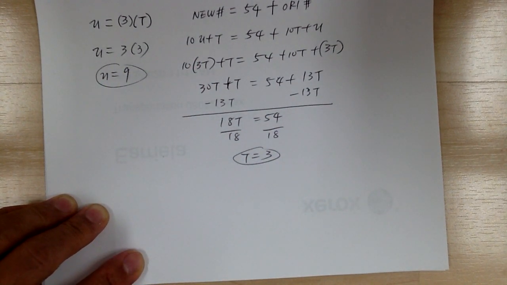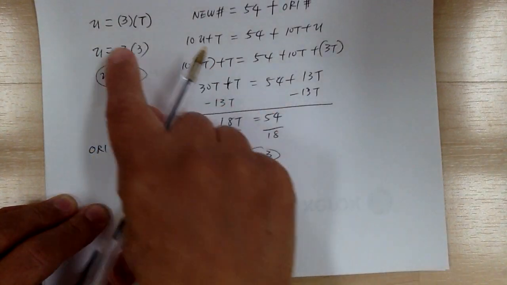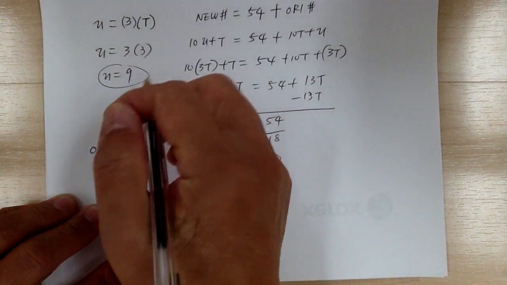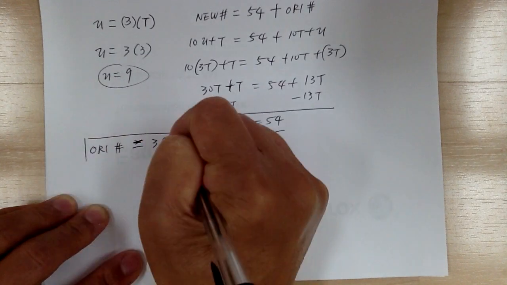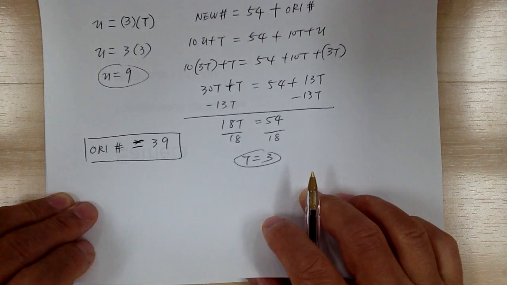It asks you to find the original number. So the original number would be tens digit and unit digit, so it would be 39. The original number is equal to 39. Okay, let's go to example 3-12.